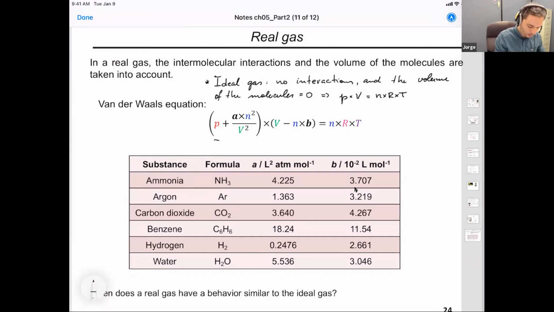However, there is a correction here in the pressure, and that's the term that will account for intermolecular interactions. And also there is a correction for the volume, and that's the term that will account for the volume of the molecules.